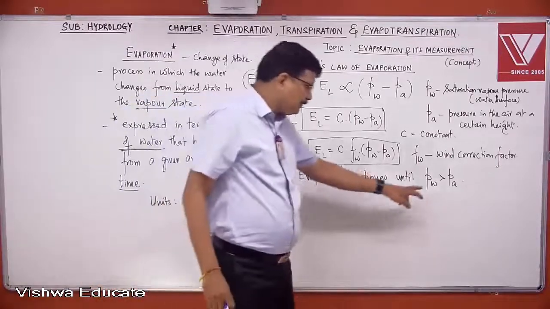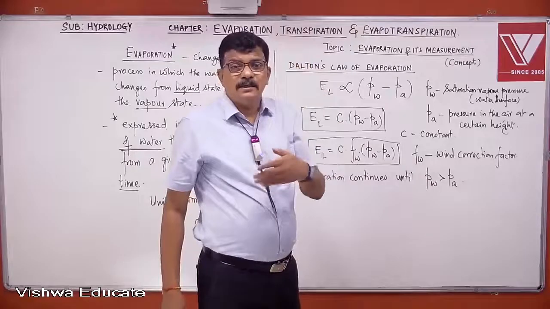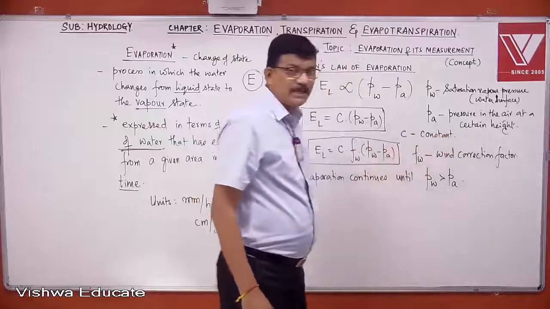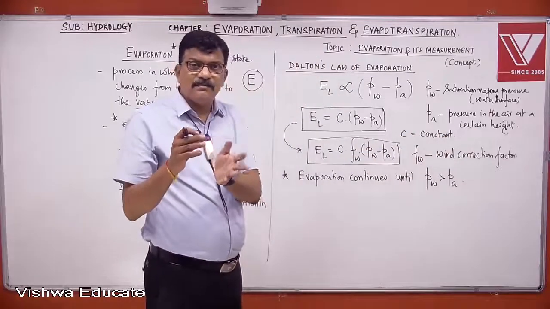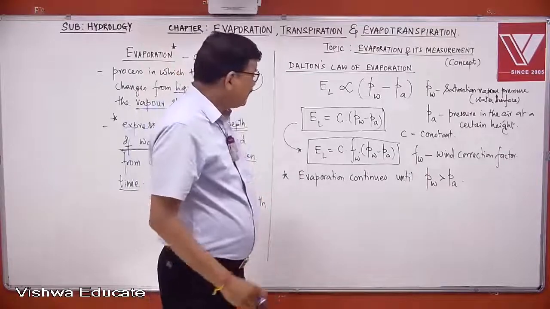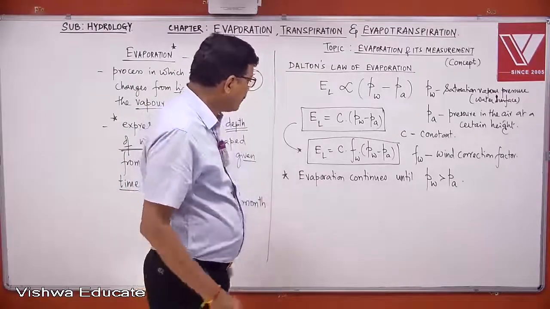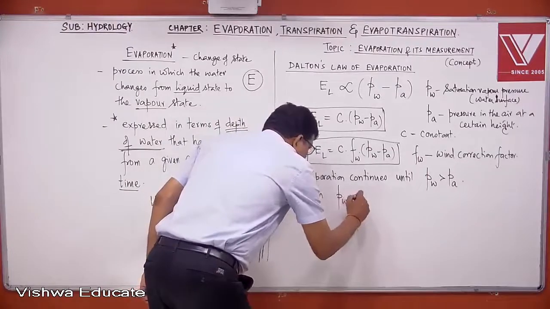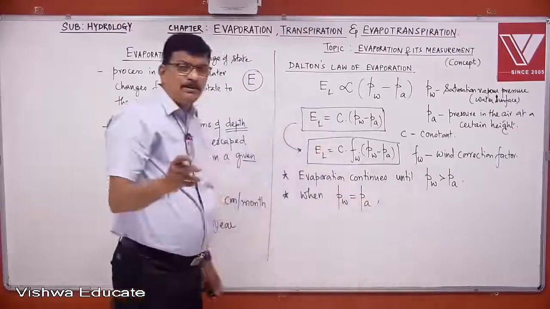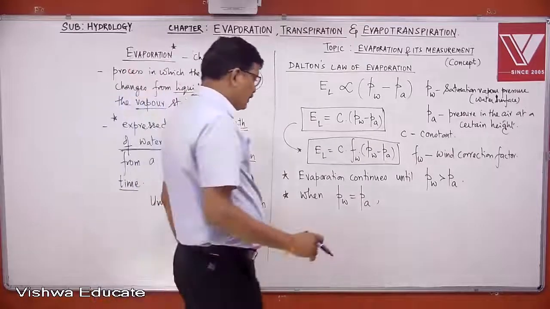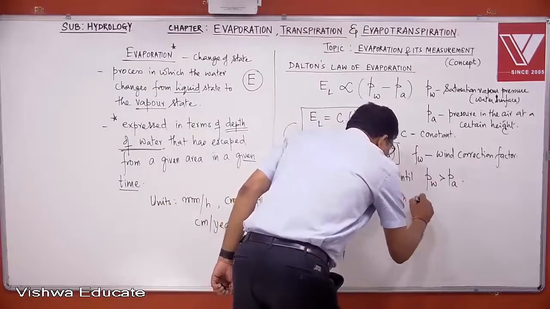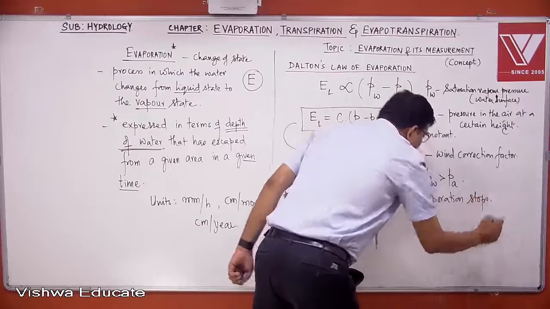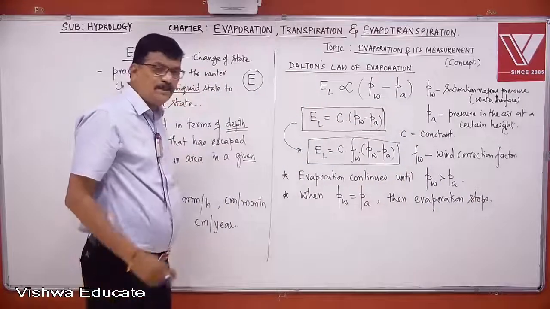The pressure at the water surface shall be higher than at a certain altitude. As you go up to a specified height, as long as the difference is positive, evaporation will continue. And when Pw becomes numerically equal to Pa, if both the pressures are equal, then evaporation stops.